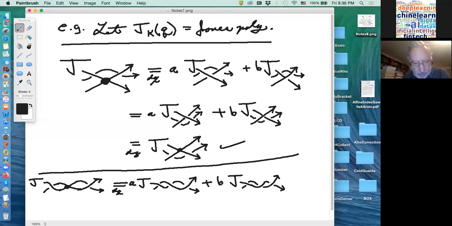Okay, now look carefully at that. Here's a Reidemeister 2 move, and here's a Reidemeister 2 move. So I can simplify both of these because j is an invariant. So that means that I'm going to get a times j of this crossing, but the other part goes away, plus b times j of, and now it's the other crossing, and that part went away.